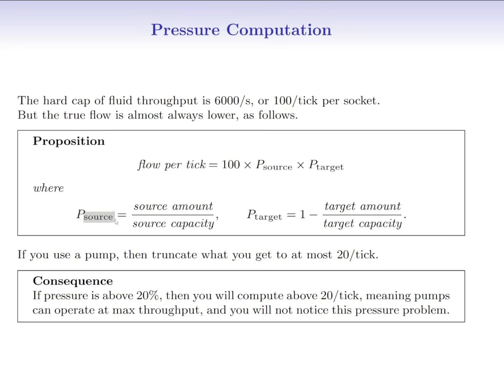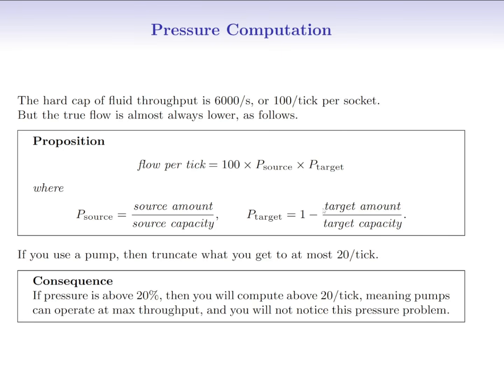The pressure ratio for the source is computed as the fluid level. So if your source is 50% full, then the pressure is 50%. And the target is computed as the inverse level. So if say your target is 80% full, then the pressure is 0.2.